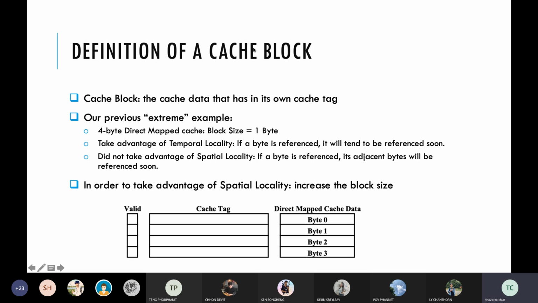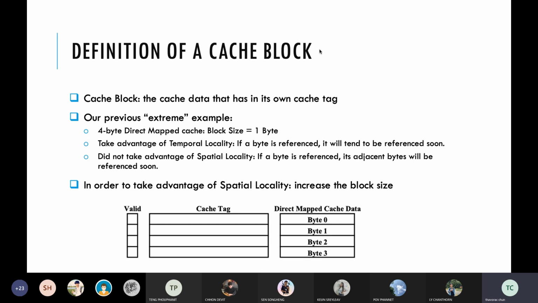Actually, I already explained what a cache block is, right? In the cache architecture, when we talk about how it maps between main memory and the cache, there is something in the middle called the cache block, which has the same size between cache and main memory.